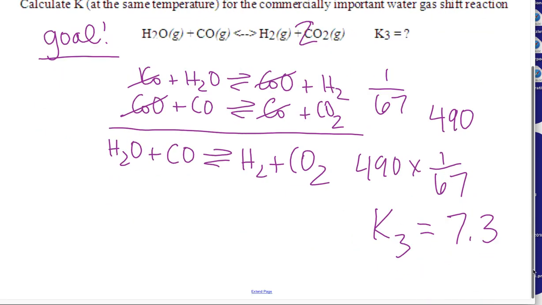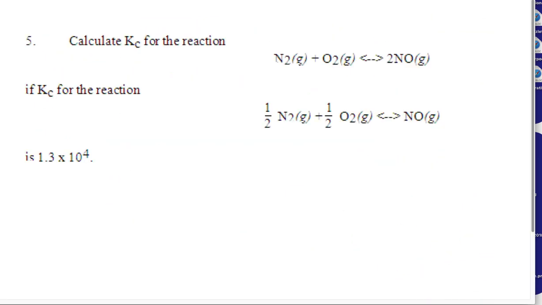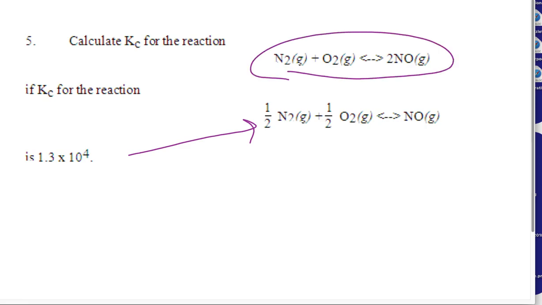So speaking of doing that, let's do our last problem, and then you guys can start on homework. Calculate Kc for the reaction. If Kc for this reaction is 1.3 times 10 to the 4th. So we're looking for this K. What did I do to this reaction, which I know the K of, to get to that reaction?